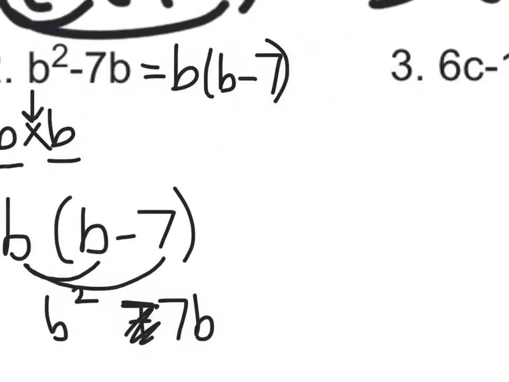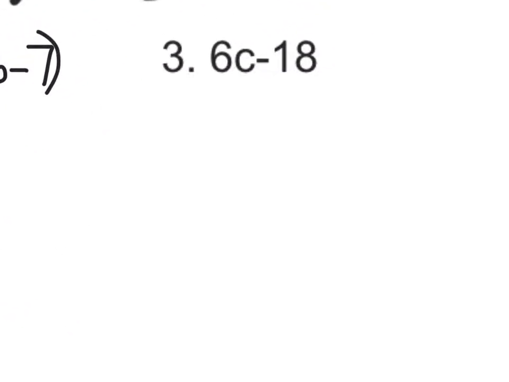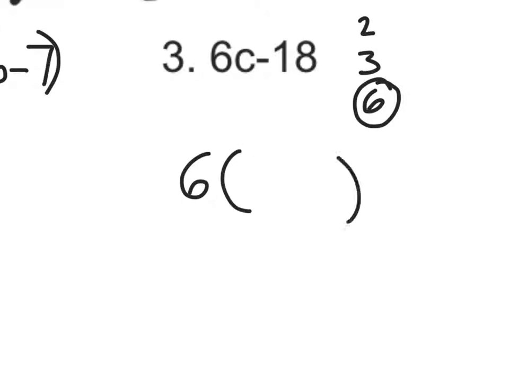And the last example we're going to look at. First of all, what do these have in common? Well, they're both in the 2 times table, and they're in the 3 times table, and they're in the 6 times table. So what you do is you choose the biggest number they have in common, the highest common factor, and although they've both got 2 and 3 in common, they've also got 6 in common, and 6 is the highest factor, so I'm going to take 6 out.